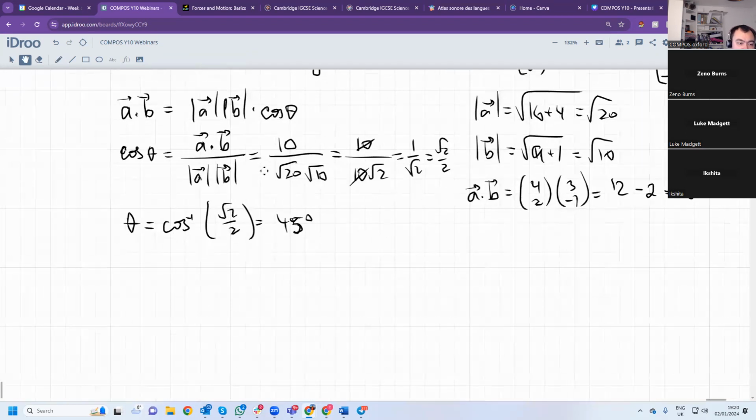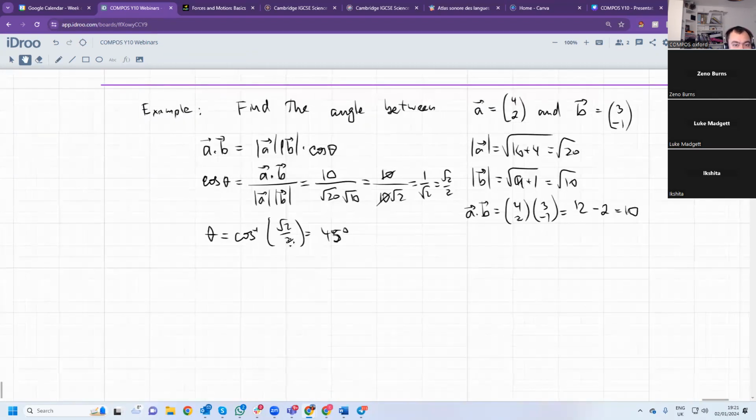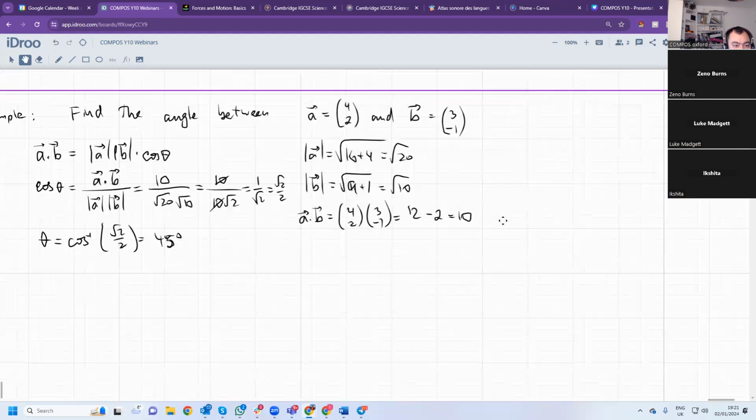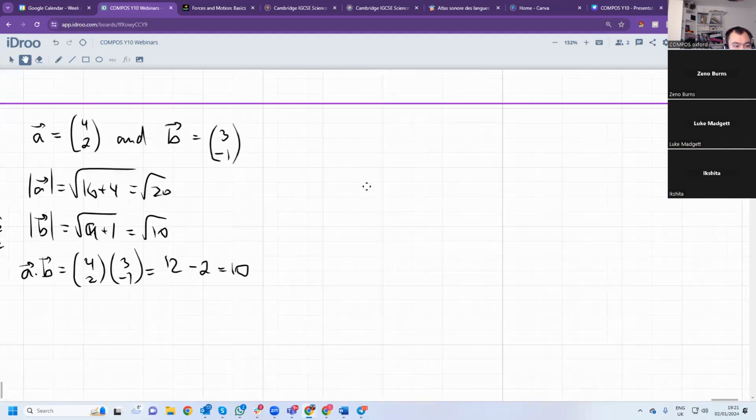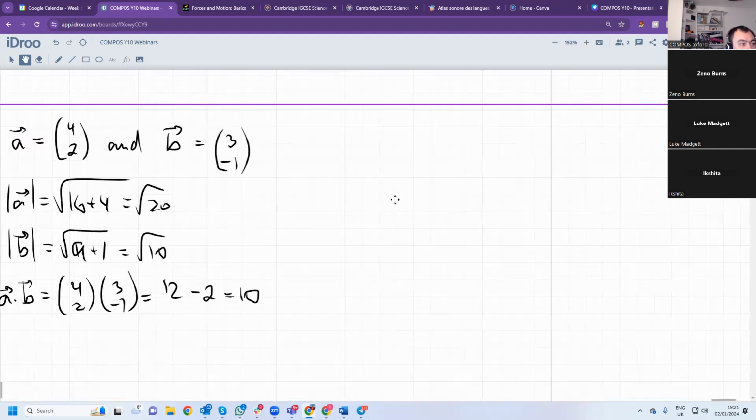And let's check that. I'm going to use the squares. (4, 2): 1, 2, 3, 4, 2. So this is vector A. And vector B is (3, -1).